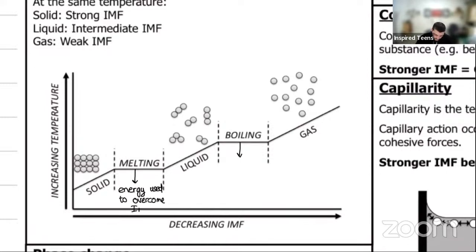So that's why we're not seeing a change in temperature. I don't know if you guys remember this from the water graph that you learned last year. So that's why during the melting and boiling phases, the temperature is not changing, it's constant. The energy is being used to overcome the intermolecular forces. Okay, but it just shows how the intermolecular forces change according to the phase change of a particular compound.